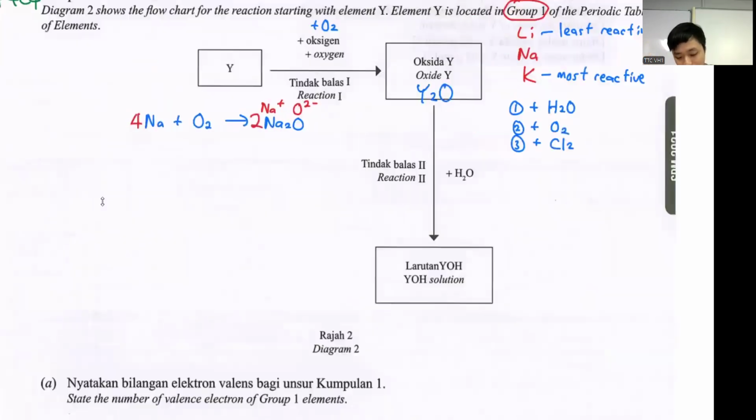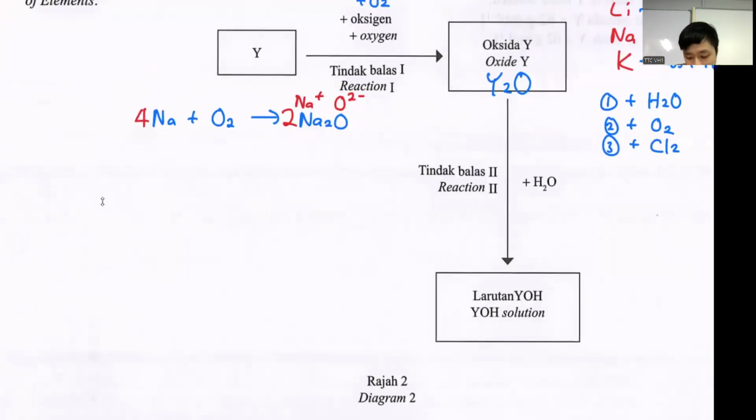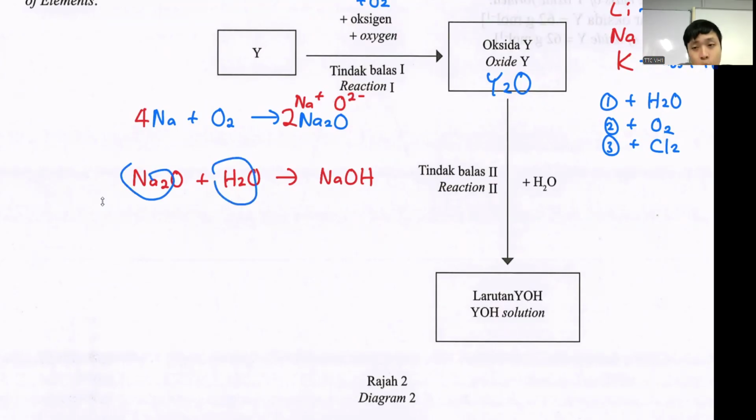And then I can also show you reaction two. Reaction two, they are talking about the same thing. I dissolve sodium oxide into water to get sodium hydroxide. Here you have two Na, 2H.